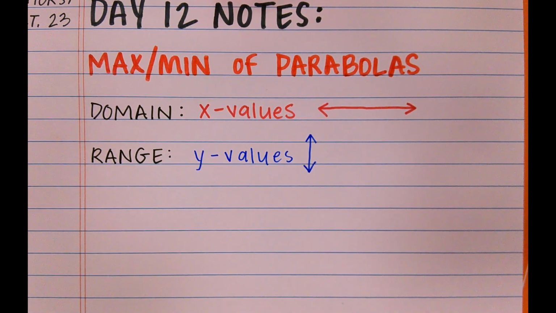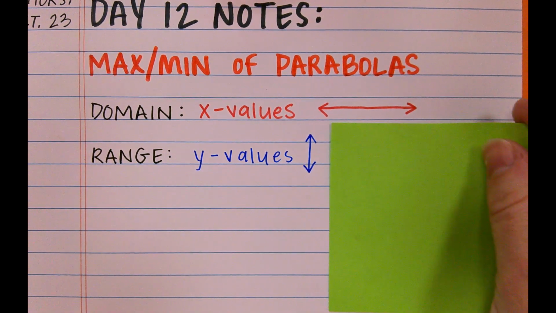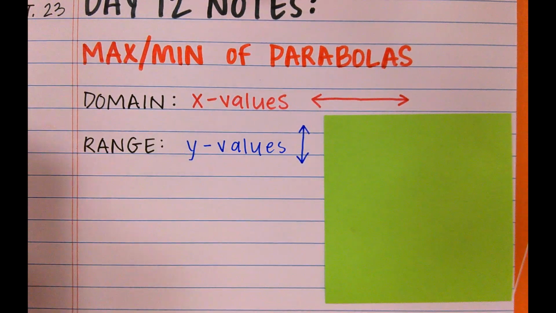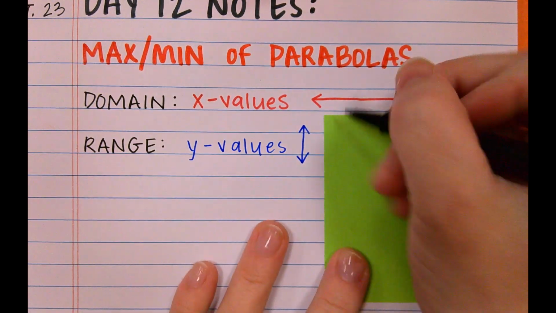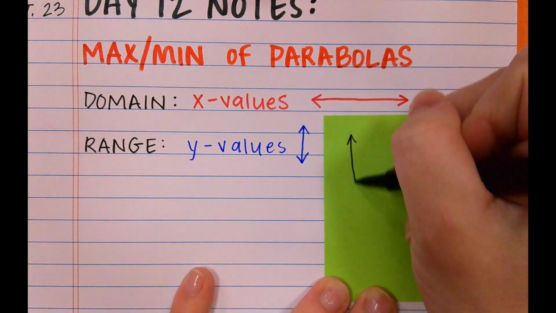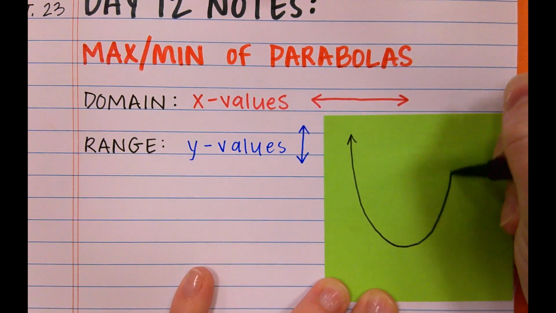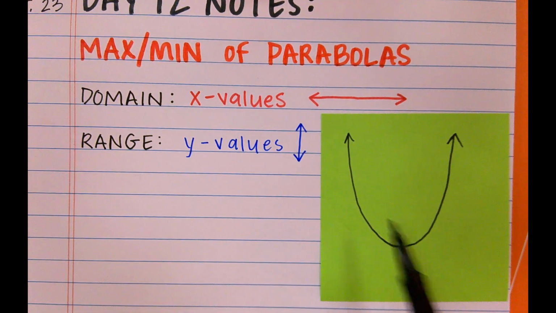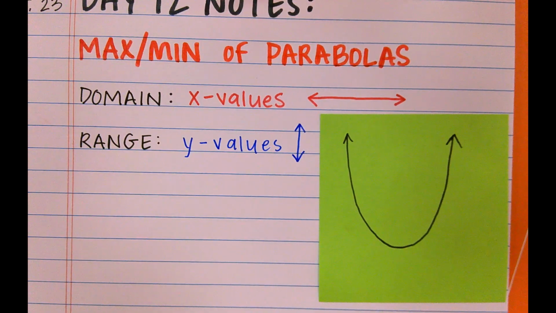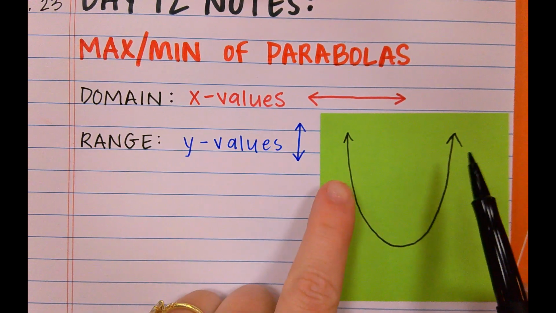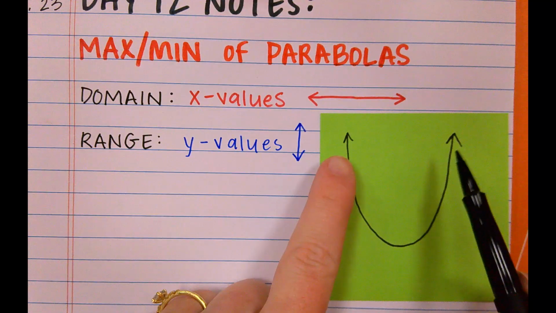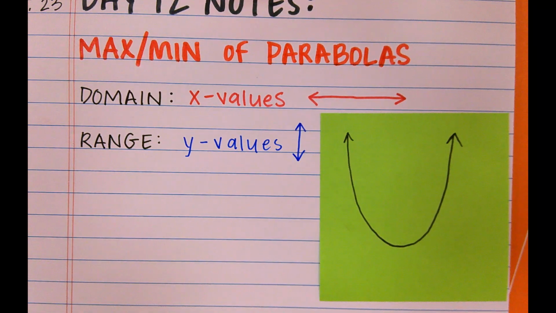Now, when we're looking at a parabola, put a little sticky note here for a minute. We're going to think about the shape of it. It's always this kind of U shape, pointing either up or down. And we know that these arrows mean that this parabola will extend infinitely up, but also it will extend infinitely to the left and right.